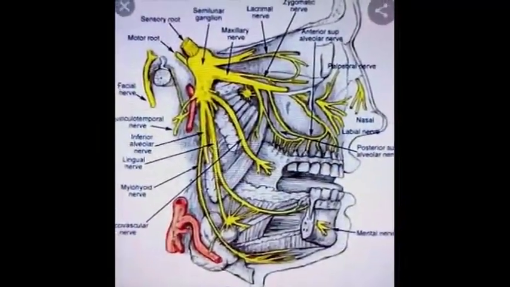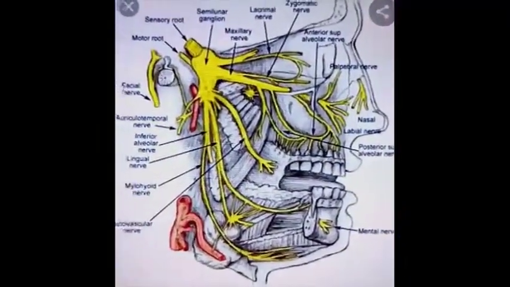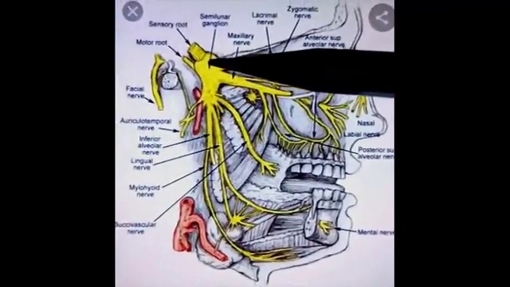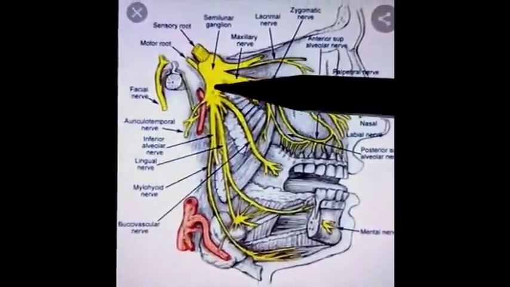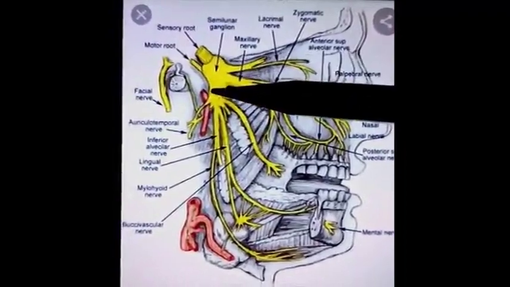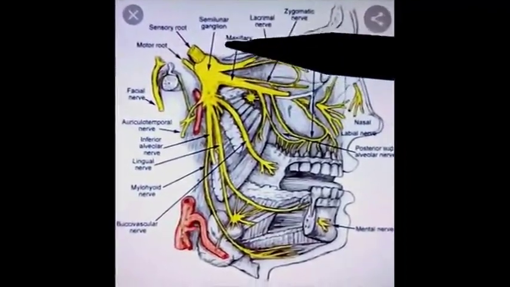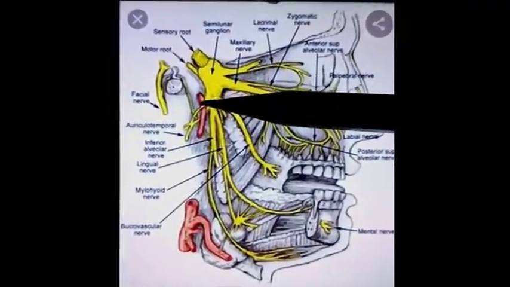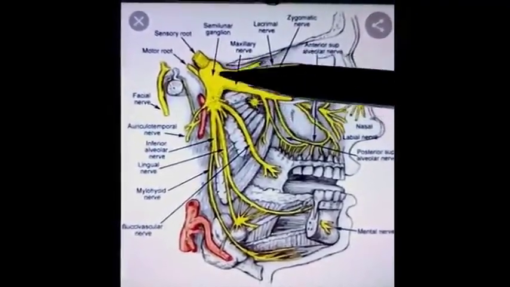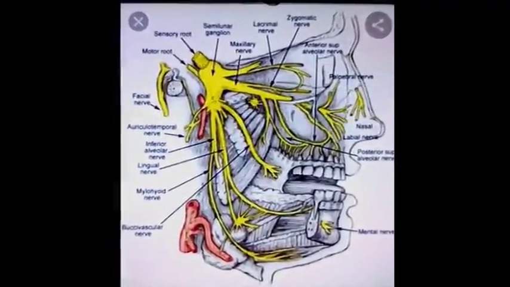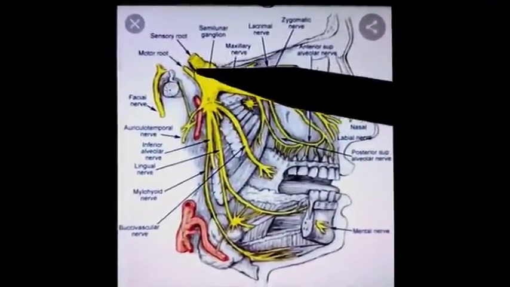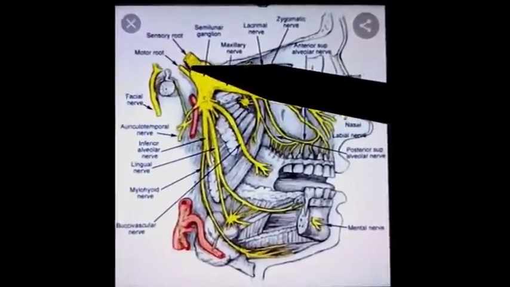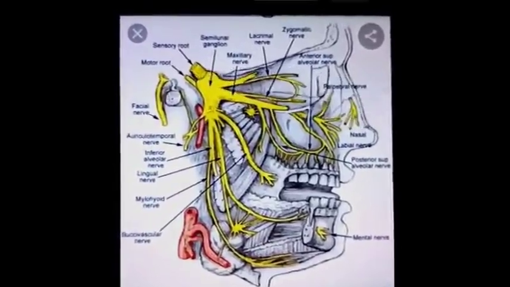Shape of trigeminal ganglion. Trigeminal ganglion is crescentic or semilunar in shape. It has convexity in its anterior and lateral aspect. So it is convex anterolaterally, and posteriorly it is concave. It is concave in this area.